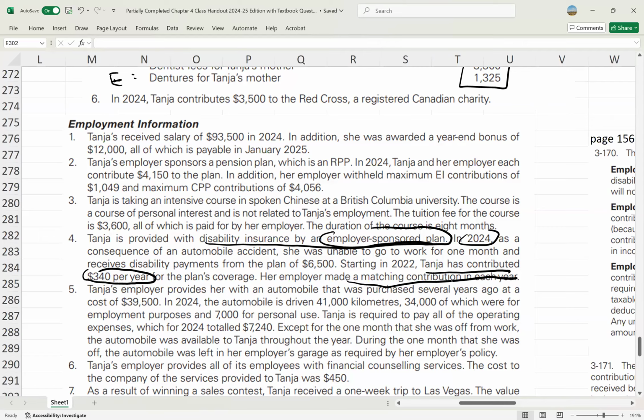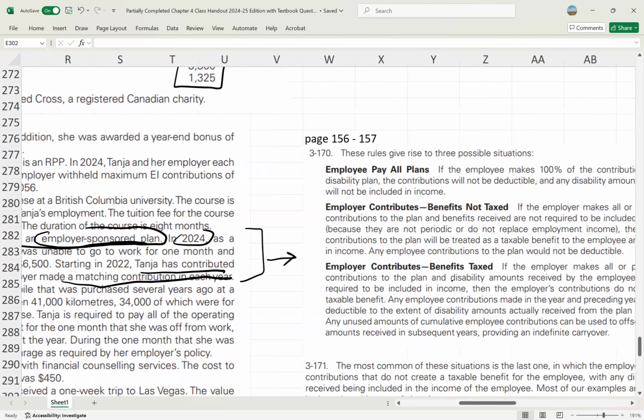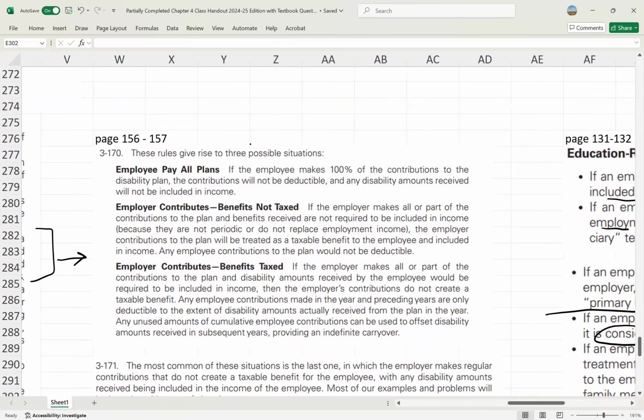So this is one of those things where unless you read the textbook, you're not going to really know what to do. They talk about 3 possible situations when it comes to disability plans that employees qualify for through their employer. The employee could pay the entire premium, or the employer could pay some, and then we have these 2 here.